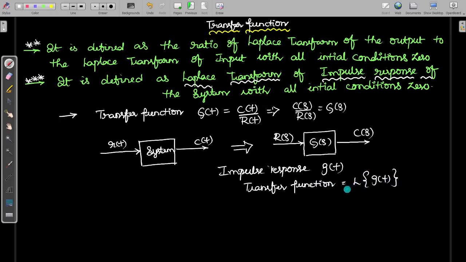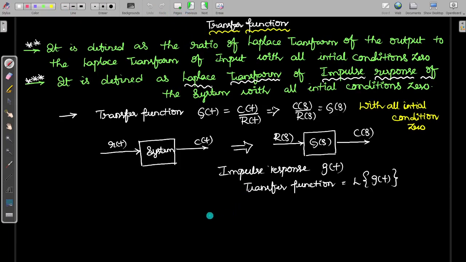What is the condition you have to remember? The condition to be remembered is, with all initial conditions 0, for any definition you consider of the transfer function. So that is the basic definition of the transfer function.